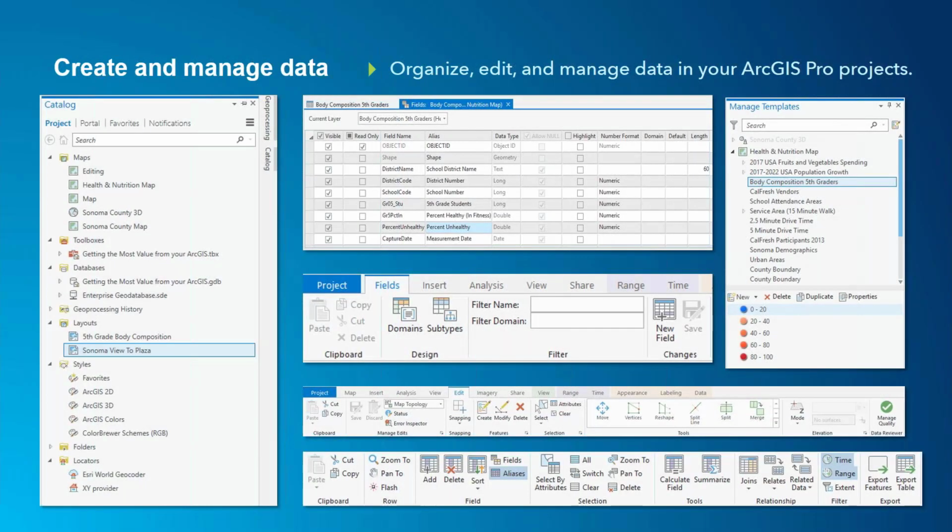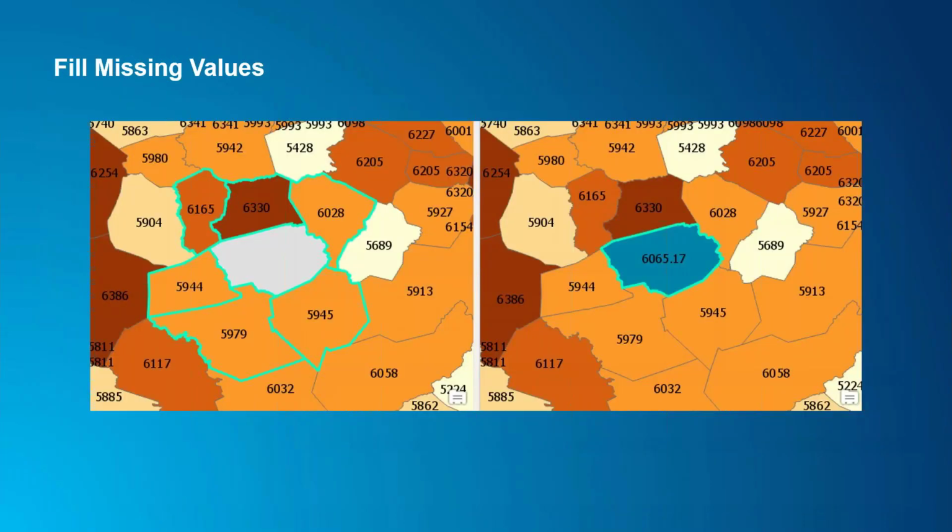ArcGIS Pro has a complete set of tools for the edition, quality control, and managing of our data. But what many people don't know is that there are some tools that could help us to fill the gaps in our data, like the Fill Missing Values tool, for example, that replaces missing values, those infamous null values, with estimated values to minimize their impact in our analysis.